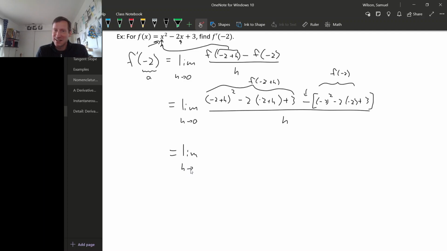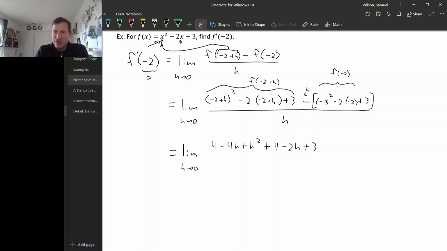Okay, so limit as h goes to 0, we better multiply all this stuff out. Minus 2 plus h squared, that's 4 minus 4h plus h squared. Now we need to distribute this minus 2, so plus 4 minus 2h, and then plus 3.